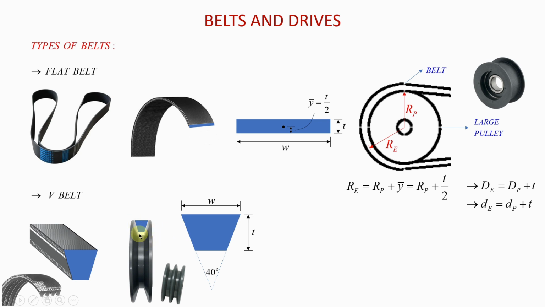Now, the V groove angle is the angle of the V groove on the pulley. The angle of that opening. That is what we refer to as the V groove angle, the angle of the V groove on the pulley. The included angle of the belt, that is the angle that you get here, which is generally 40 degrees.